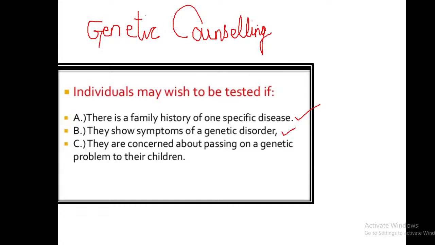If a child in a family is showing some genetic disorder, the history can be tracked, and they are concerned about passing a genetic problem to their children, whether it is passed on from parent to offspring. So pedigree analysis has a main application in genetic counseling.